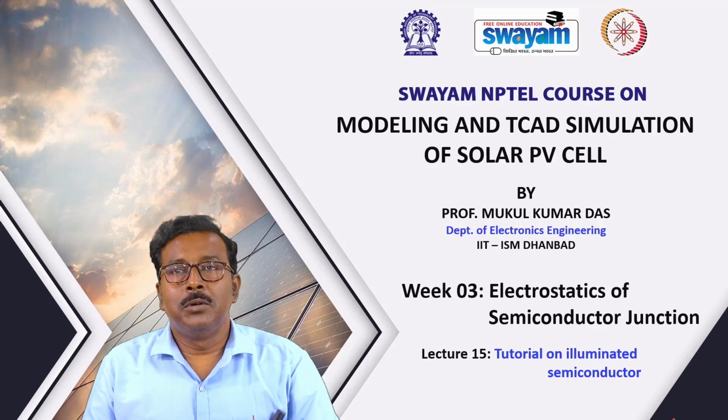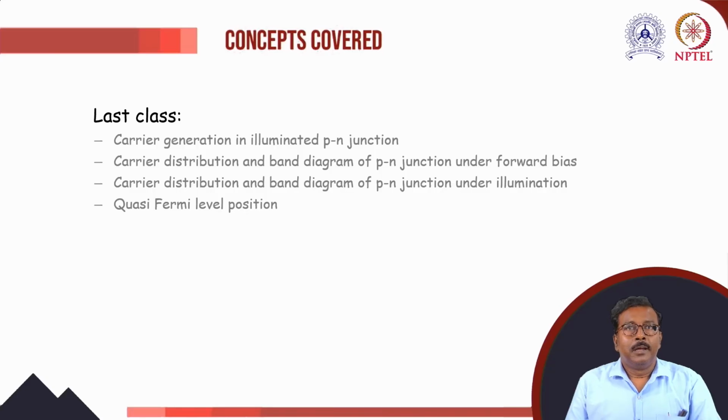In this lecture we will solve some numerical problems on illuminated semiconductor. In the last class we have discussed carrier generation in illuminated PN junction, carrier distribution and band diagram in a PN junction for forward bias and for illumination separately.